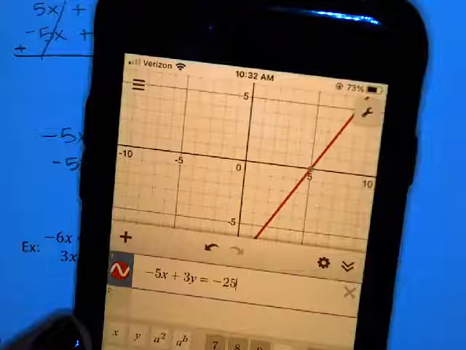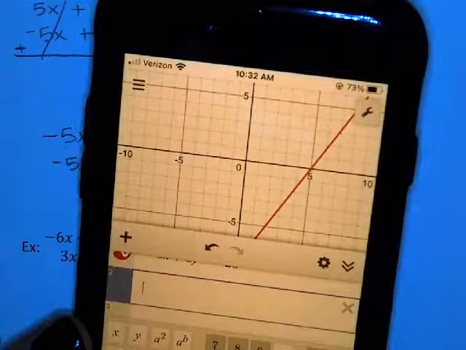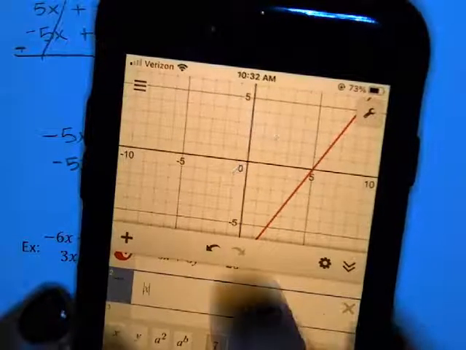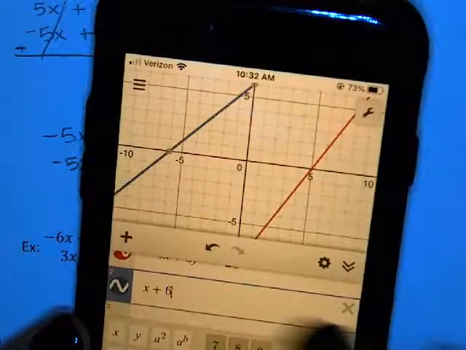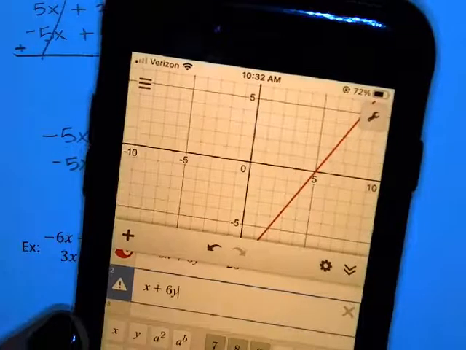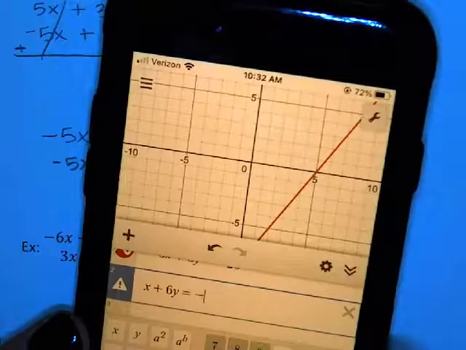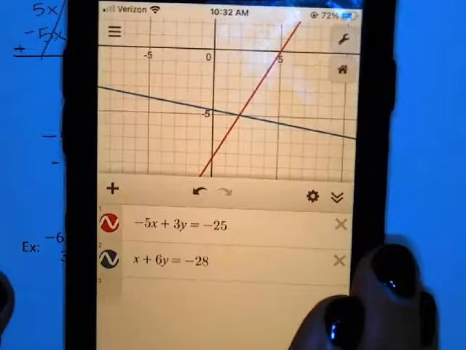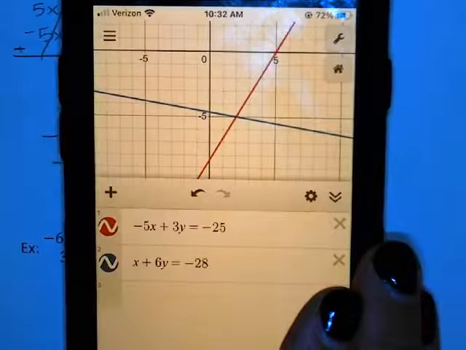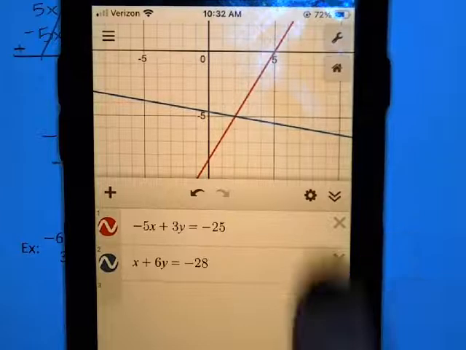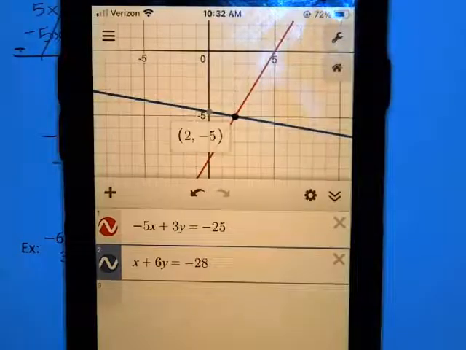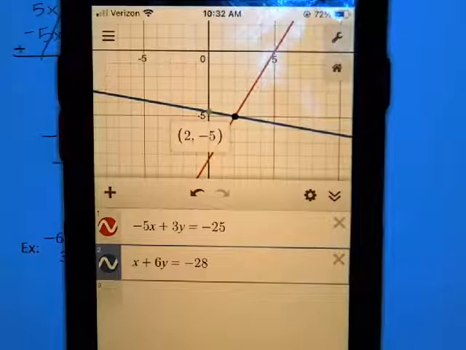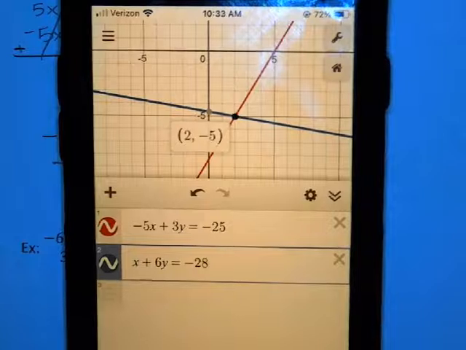Have you guys used Desmos before? Yes, we should be real in love with Desmos. And so we can see, looking at Desmos, that we have 2 lines that cross, right? And we see, using Desmos, that those 2 lines cross at 2, negative 5. And so what does that tell us about our answer that we just got? That it's right, that we got that answer right. We can feel good about that answer because we did it.